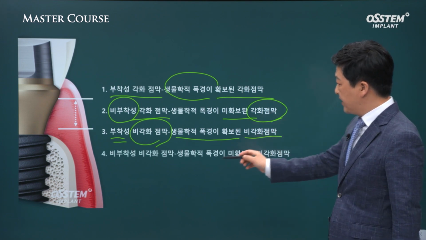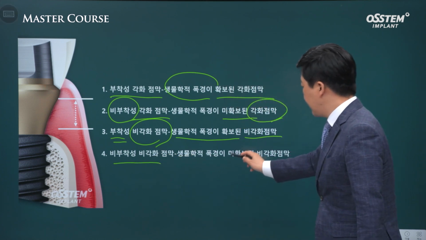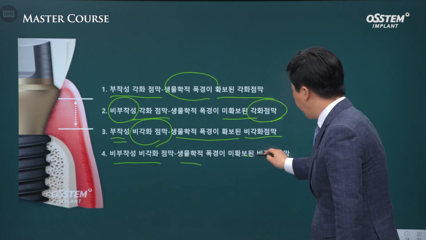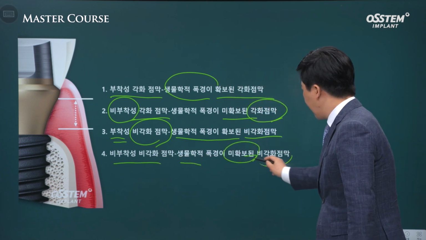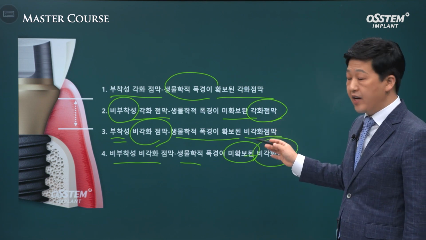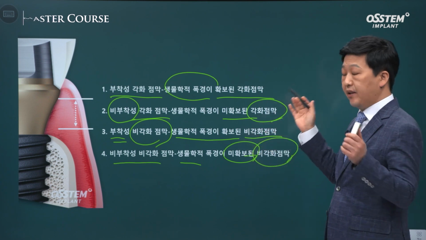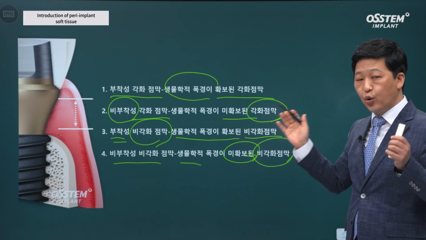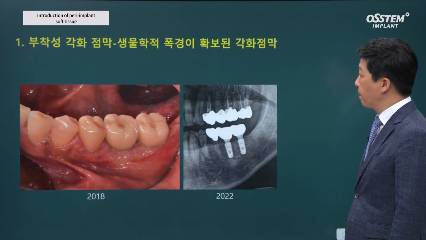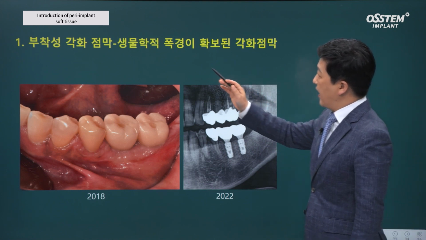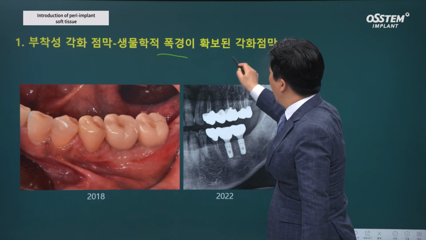Fourth, non-attached non-keratinized mucosa. This is non-keratinized mucosa without the biologic width. Please remember these 4 different types. If you bear this in mind, you will be able to have successful implant treatment and the prognosis will be good.